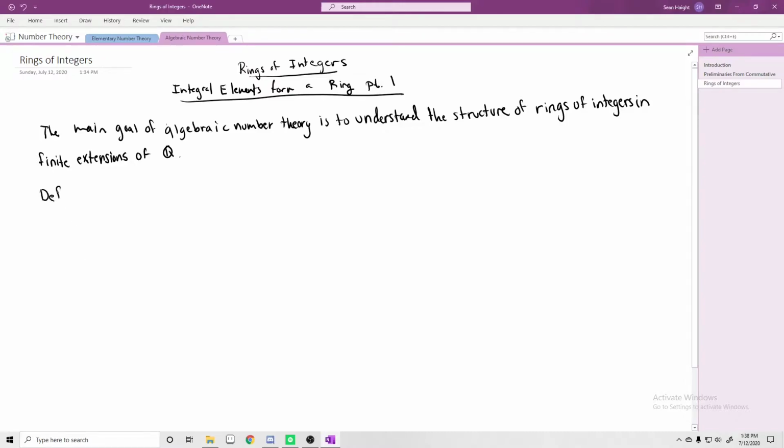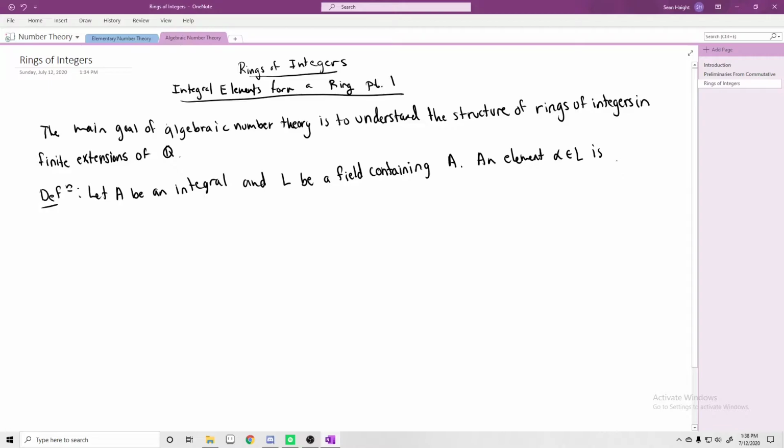Okay, so definition. I'm going to let A be an integral domain, and I'm going to let L be any field containing A. An element alpha is said to be integral over A if there exists a monic polynomial, and this monic is kind of key in this setting.